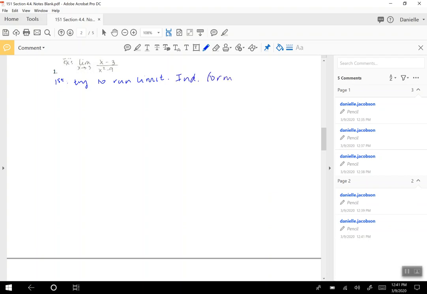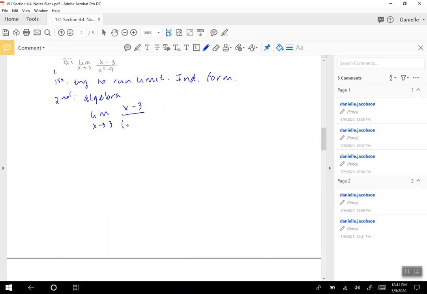Right, the next thing I suggest trying, you don't have to, is algebra, and that's just because sometimes it makes it easier. So notice that, okay, if we take this, the limit as x goes to 3 of x minus 3 over x squared minus 9 can actually be simplified.